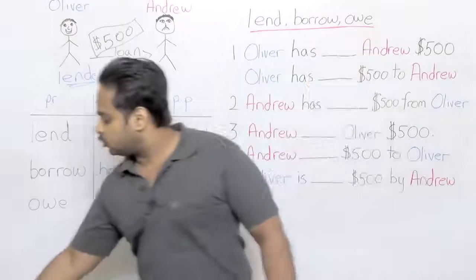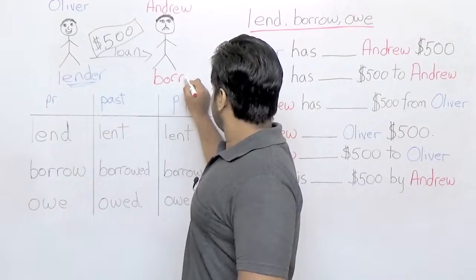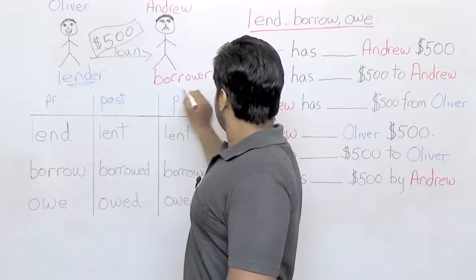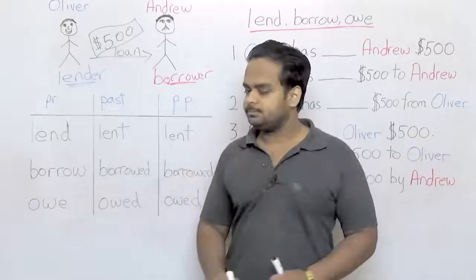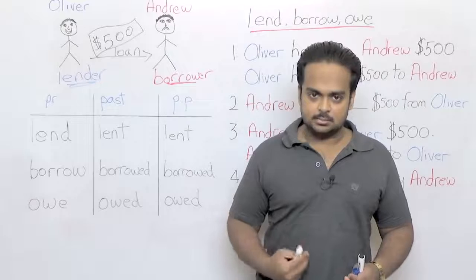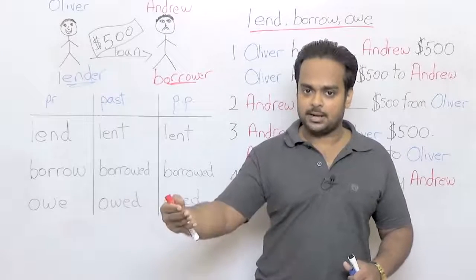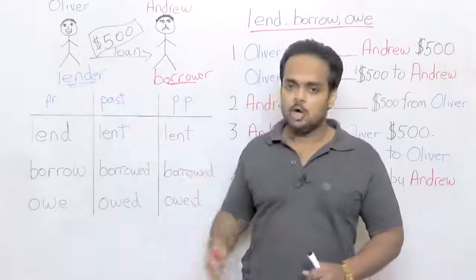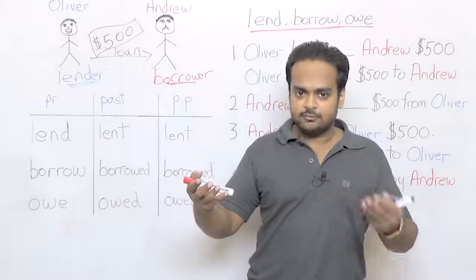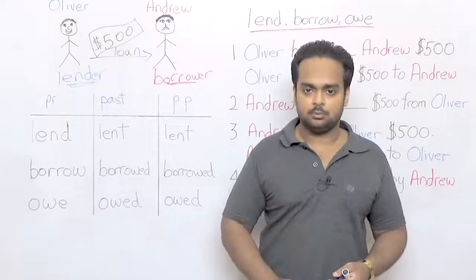So this makes Andrew the borrower. The borrower is the person that is taking money as a loan, and he has to then repay the money back to the lender. So lend means to give money as a loan, and borrow means to take money as a loan.